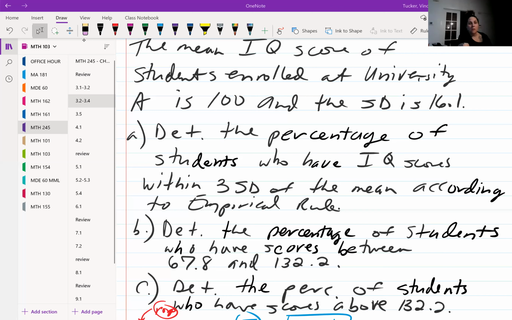Determine, yep, DET is determine. Determine the percentage of students. Yep.